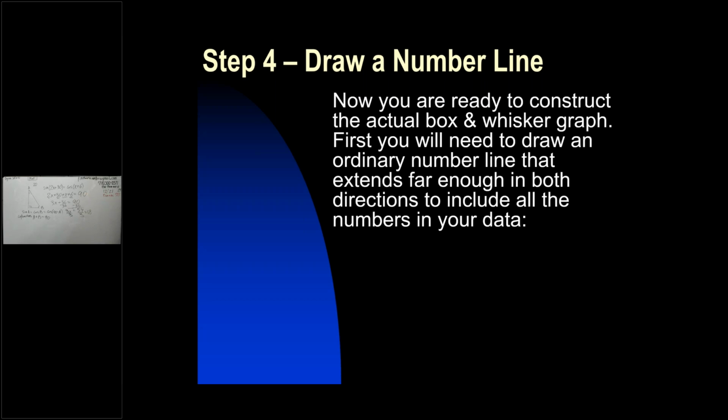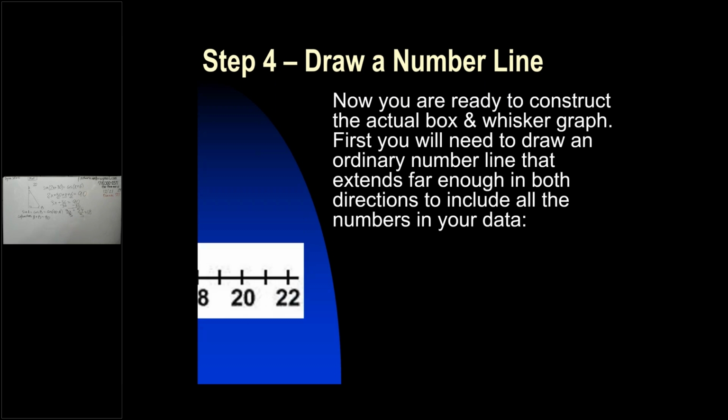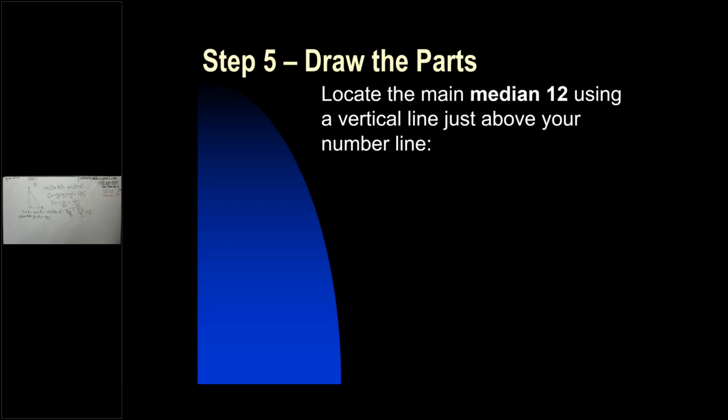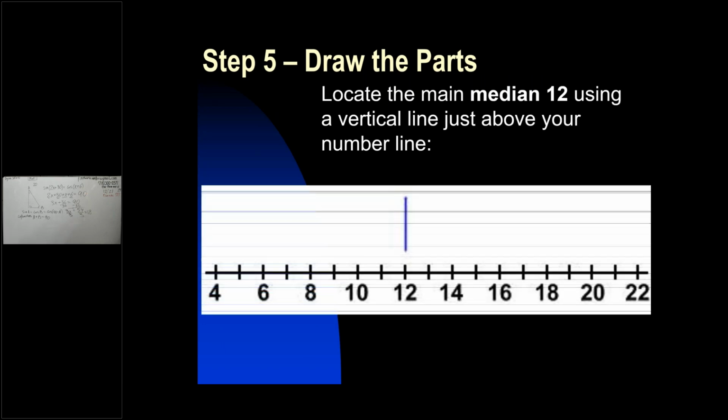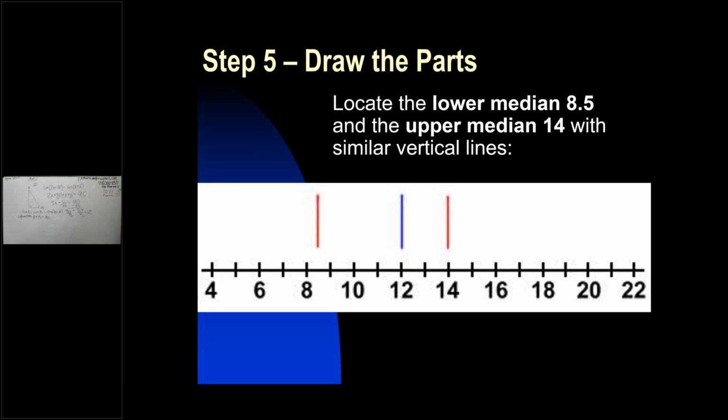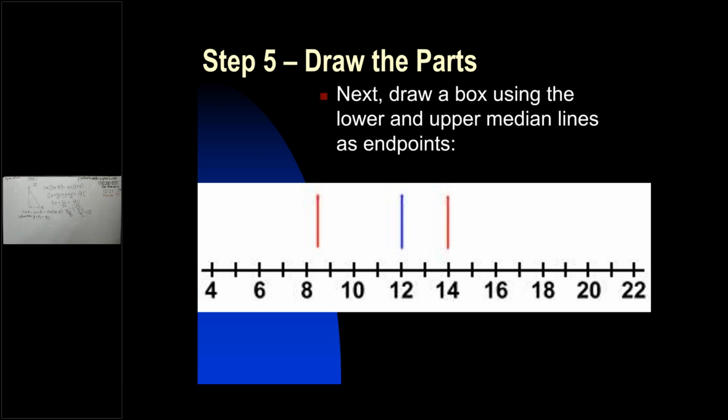Let's do this. You need to draw an ordinary number line that extends far enough in both directions to include all the numbers in your data. Number line. Locate the main median. Remember, it's 12. Blue line. Locate the lower median, 8.5, and the upper median, which is 14.